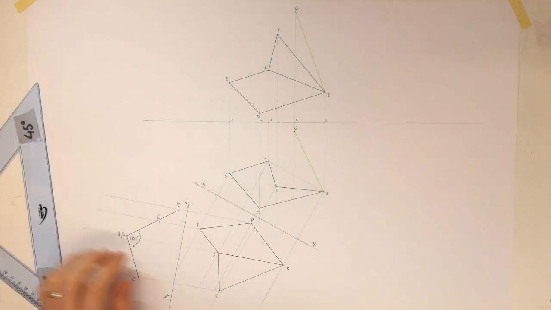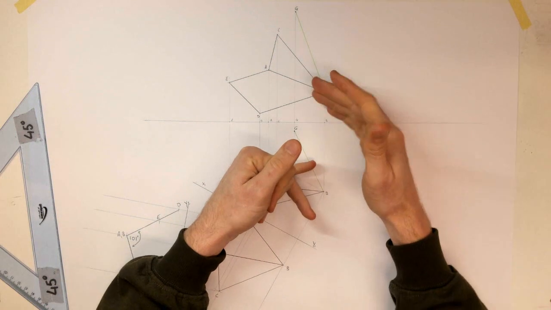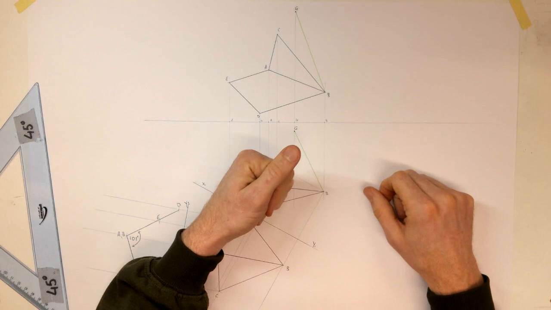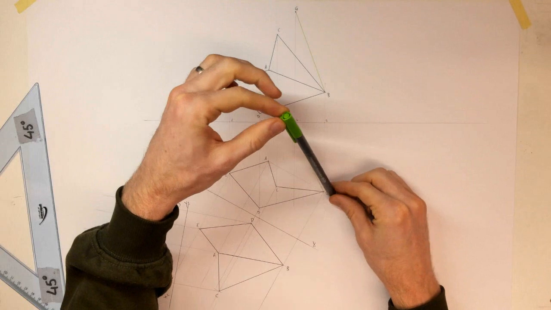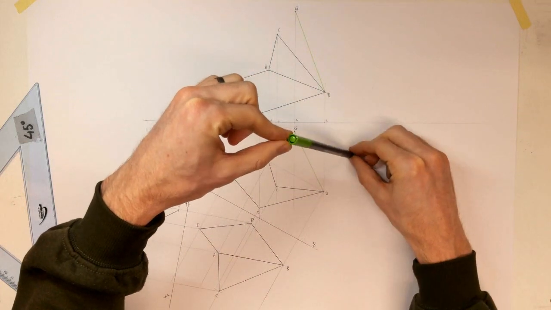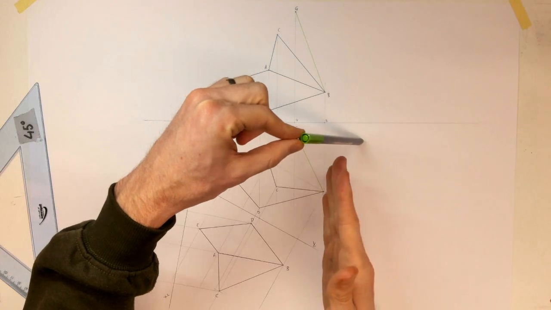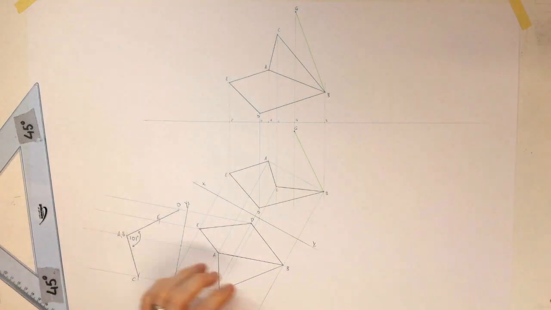They want us to find the true length of that line. We have two options. I can take an auxiliary, so x1, y1, and take my distances from my elevation, because it's an auxiliary elevation. Or a quicker way: if you imagine this is my line BG, I'm going to rotate it around so that when I look at it in elevation, I'll have found the true length of it. So let's rotate that.